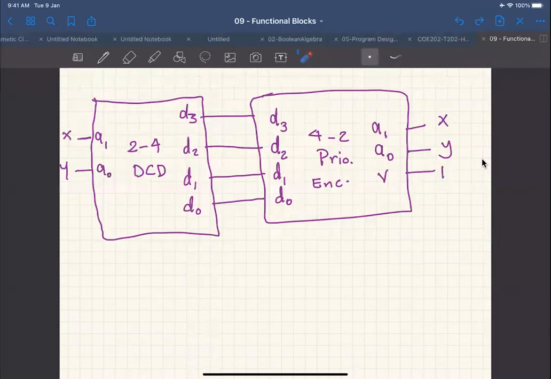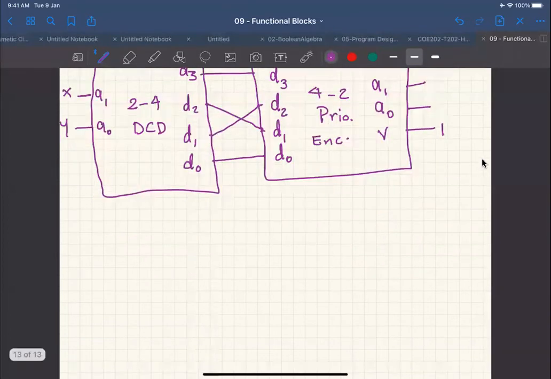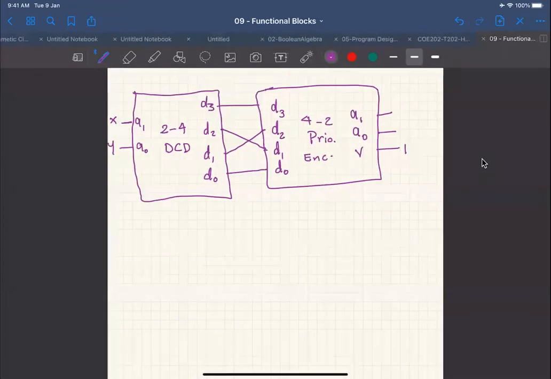All right. Let me erase X and Y, and erase this and this, and then I'm going to cross them here. What do you think the output will be? The best way to deal with this is the truth table, okay?